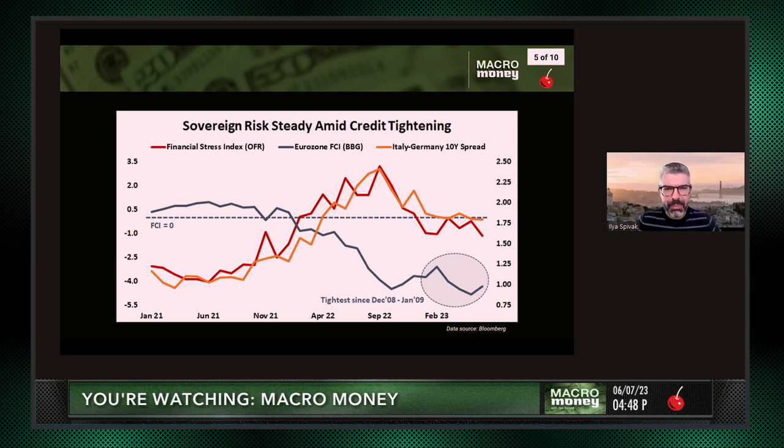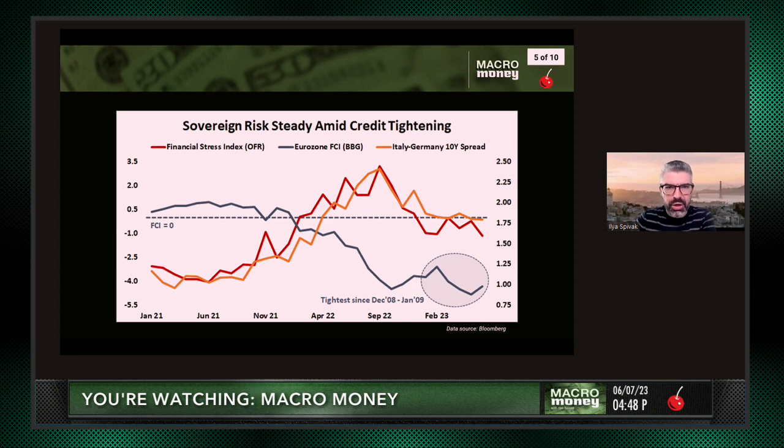Because what should happen there then is markets should say, oh, well, clearly, despite the fact that these countries operate with a single currency and a single central bank, there is a greater risk in lending to Italy than there is in lending to Germany, because there's more debt in Italy, in simple terms, that could go wrong.